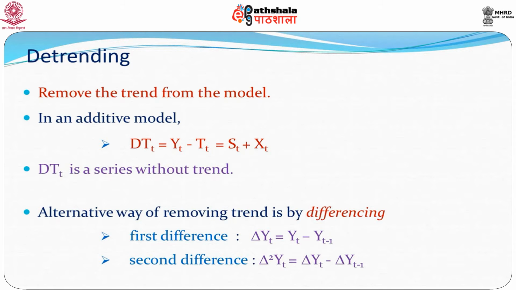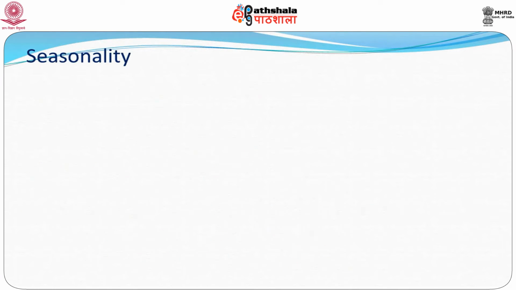Similarly, if you have a quadratic trend, the first difference would not do in that case, the second difference would take out the quadratic trend. So, depending on the structure of the polynomial, if you have an mth degree polynomial, you need an mth degree difference to remove the trend part and get a detrended series.